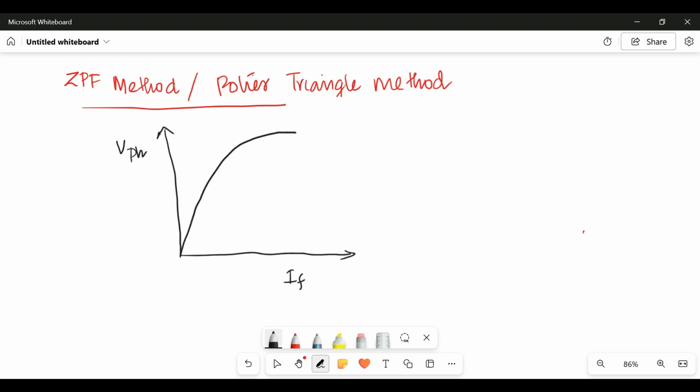This is the OCC, open circuit characteristics. Next, we need to find the excitation corresponding to the rated short circuit current, which we got from the short circuit characteristics. That point is marked as A. This is the field current corresponding to rated short circuit current. At that time the voltage will be 0.